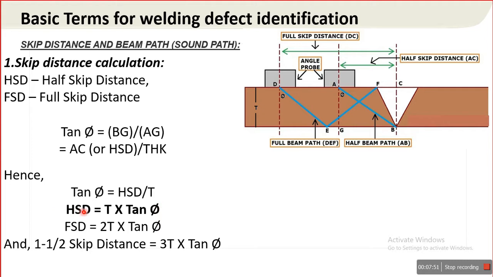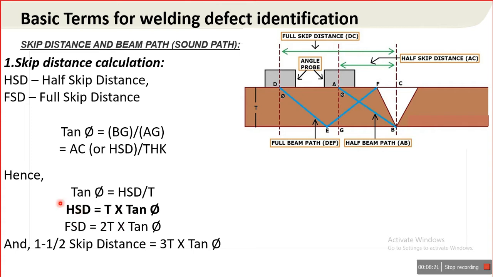With the half skip distance we can calculate full skip distance, which is twice the half skip distance. So full skip distance is equal to 2 times T into tan phi. If you want 1 and 1/2 skip distance, then we need to multiply by 3T into tan phi.